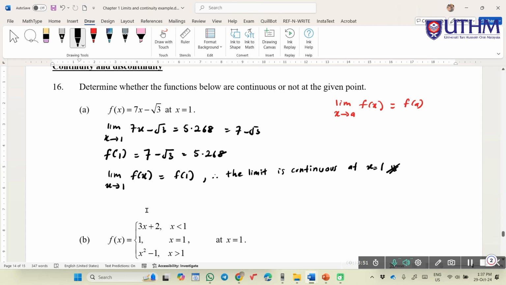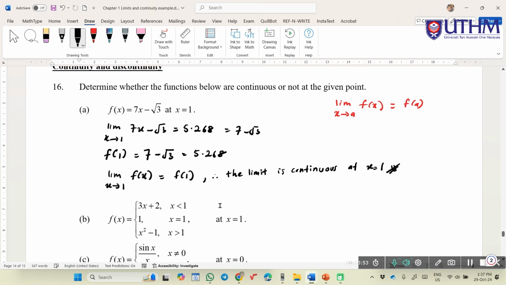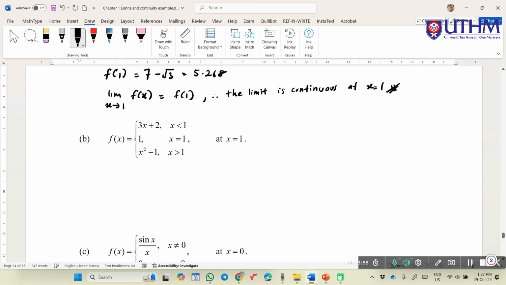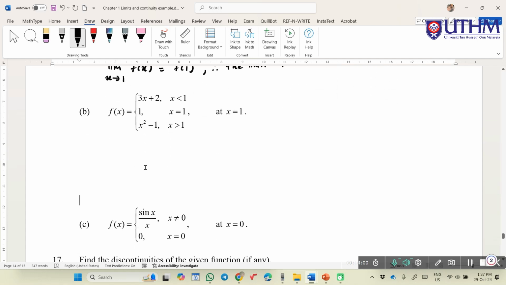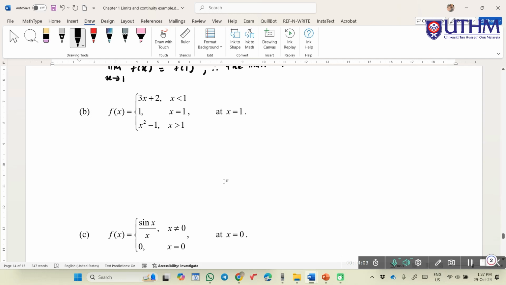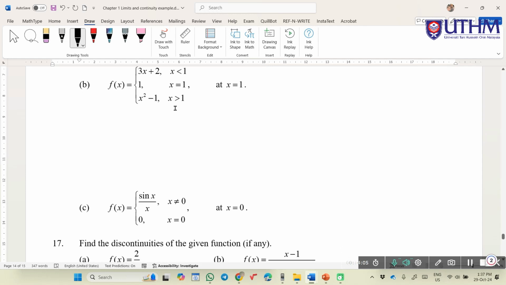Now we look at example B. For example B, we have a piecewise function. Without sketching the graph, we can check whether the function is continuous or not at a certain point, for example at x equal 1.